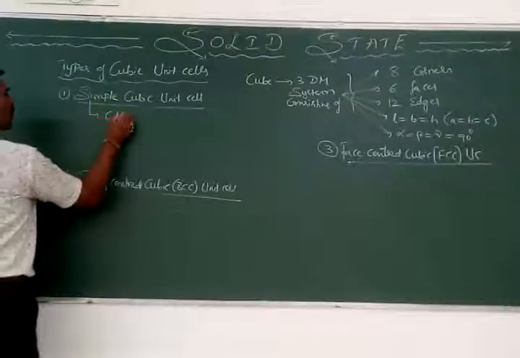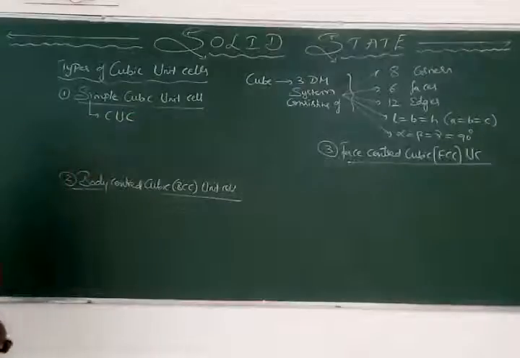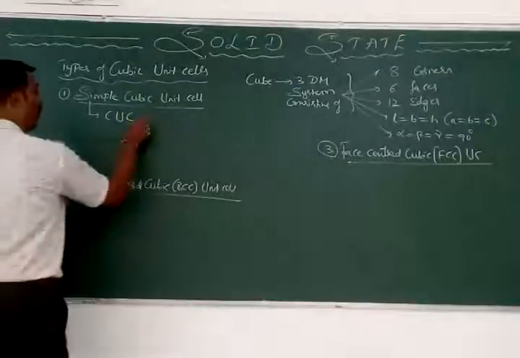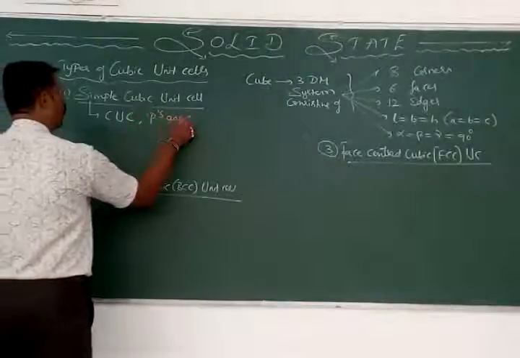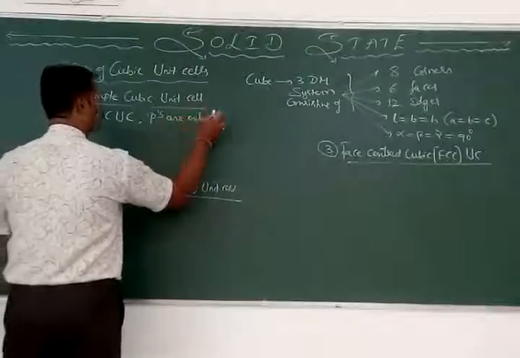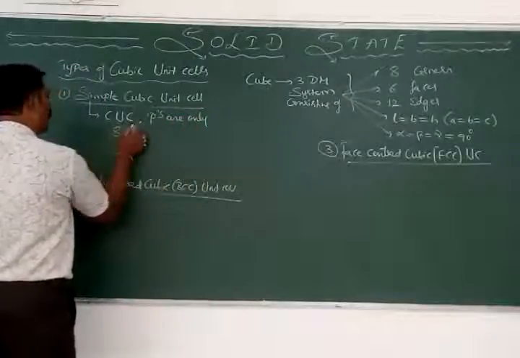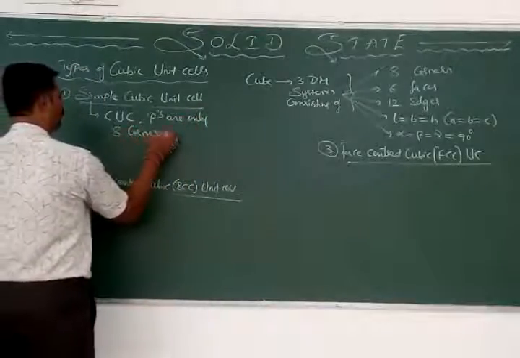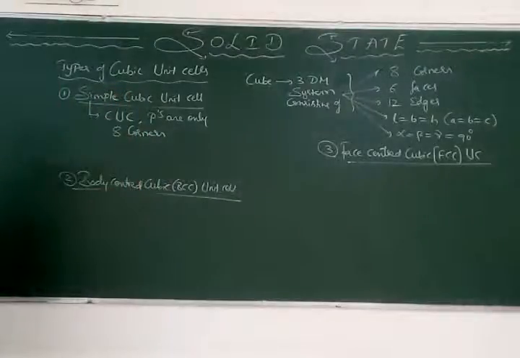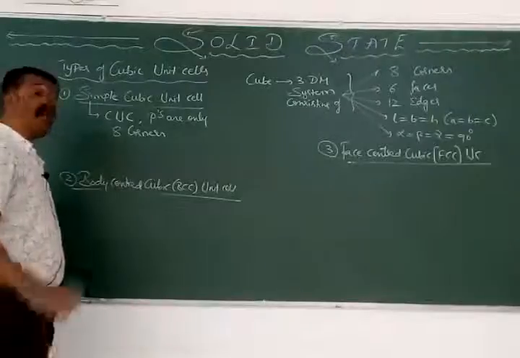This is the CUC, the cubic unit cell, where the particles are only at the 8 corners. It is the simple cubic unit cell consisting of particles only at the corners.